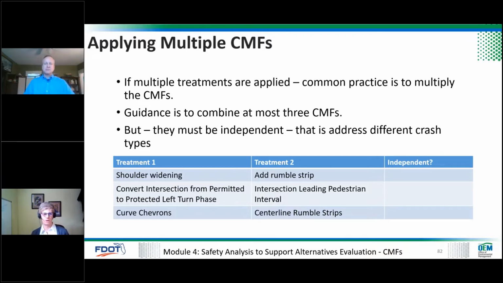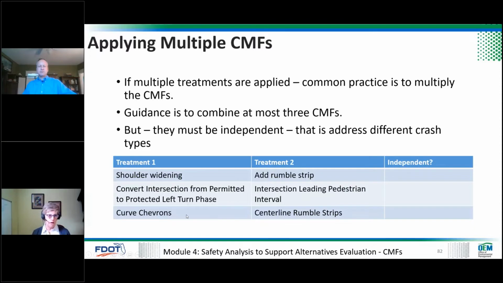But this middle one, where I'm adding a left turn lane and changing my signal timing from permitted to protected, and I'm adding that leading pedestrian interval for the right turns where the pedestrians get to start crossing the street before the through movement, those are independent treatments. And so we would get the safety benefit of both of those treatments. So in this case, I would multiply my CMFs.